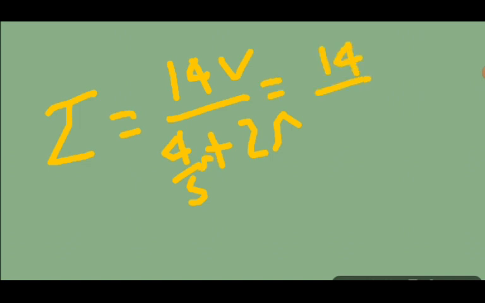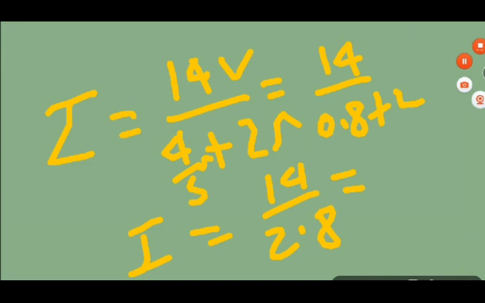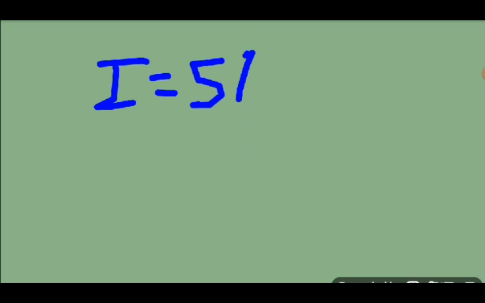Therefore we have 40 volts divided by 2.8, which is approximately 5. So I is equal to 5 ampere.